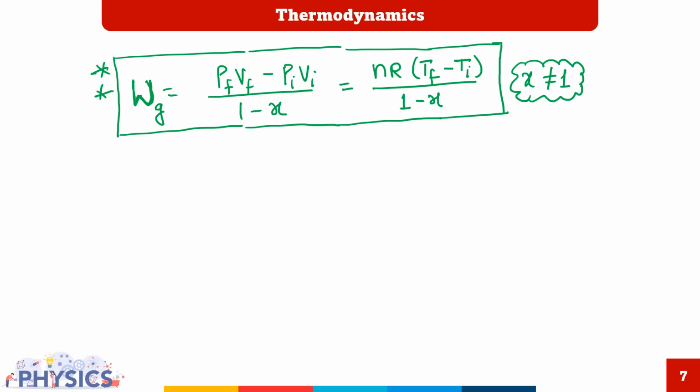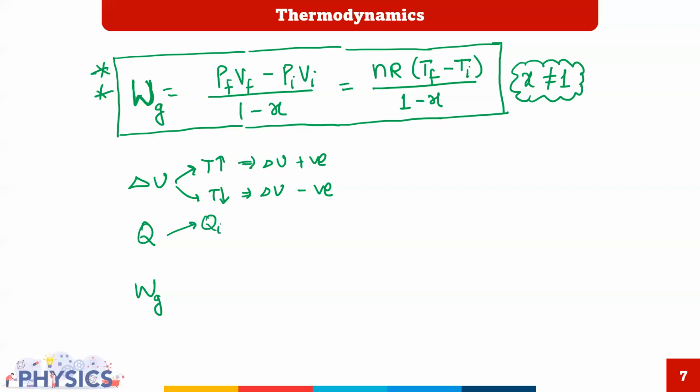So we have covered the three important things. One is the change in the internal energy of the gas, then the heat exchanged by the system, and then work done. So quickly I will summarize the sign convention for these three: delta U, Q, and work done by the gas. Temperature increases, delta U positive. Temperature decreases, delta U negative.